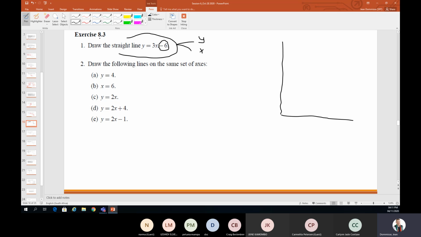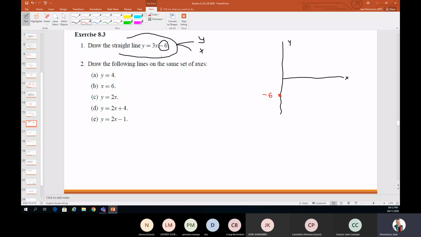So this line should have been somewhere there, the x and the y. And then we know that at -6, I will go through the line.